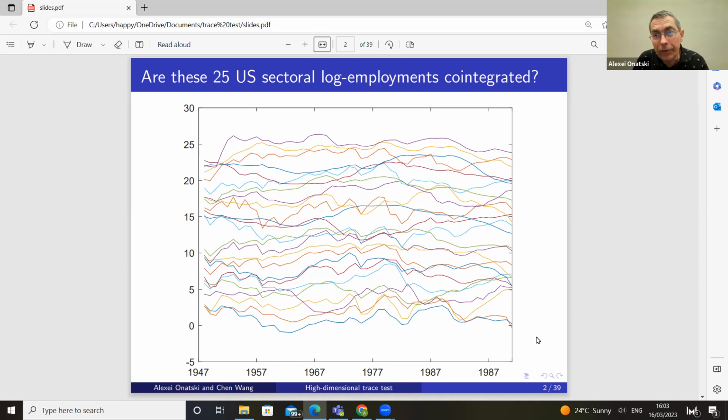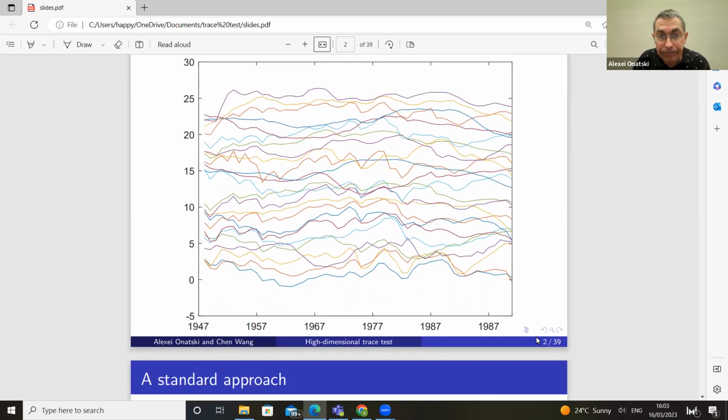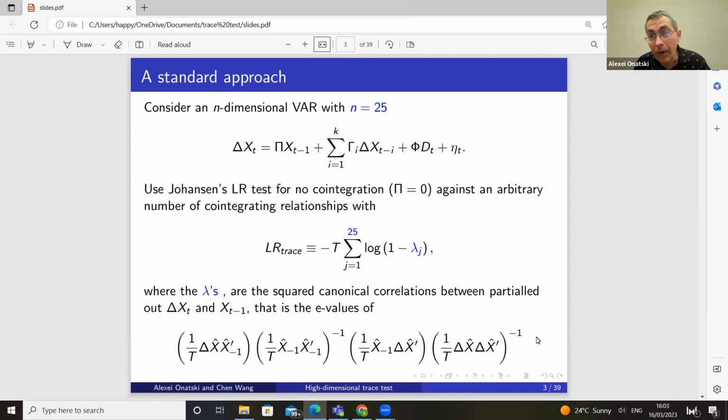Usually, if you want to test no cointegration in some multiple time series, you would write down this vectorized regression in error correction form. It will be multidimensional. In my case, the dimensionality n is 25.